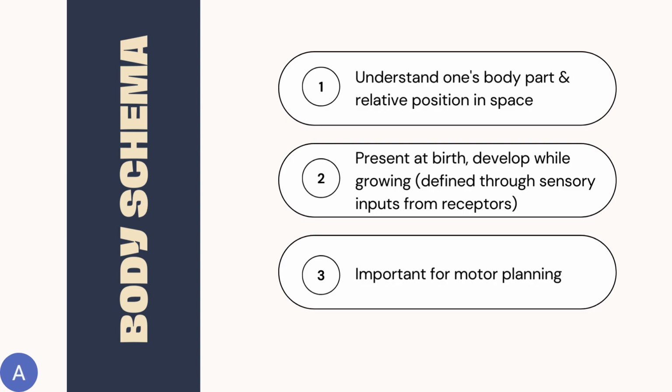Body schema is present at birth and it will continue to develop while growing. So how do you develop it? You can develop it through your experience with the environment, through your sensory experience.